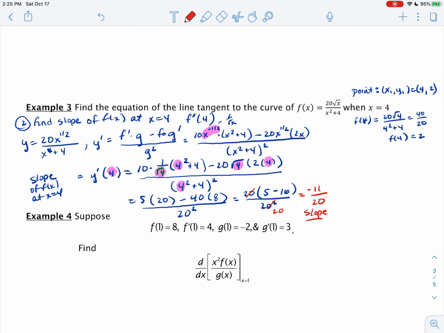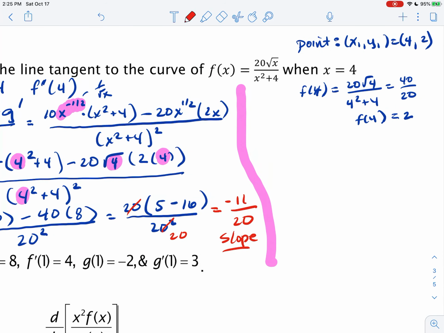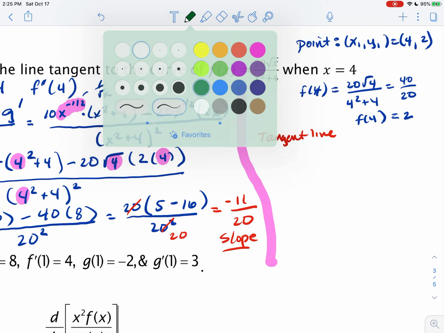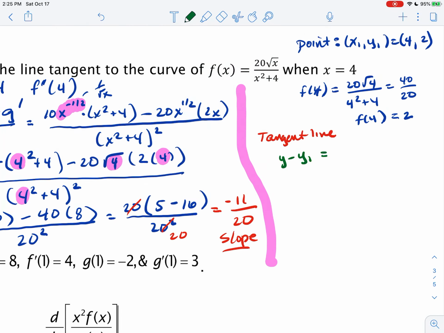So how do I put together my equation? My equation of the tangent line is going to be y minus y1 equal to m times x minus x1. We have our x1, y1 is our point (4, 2).